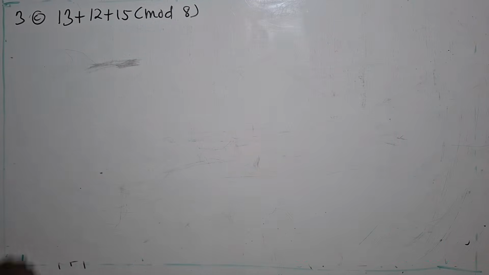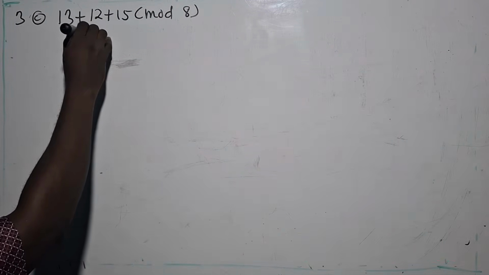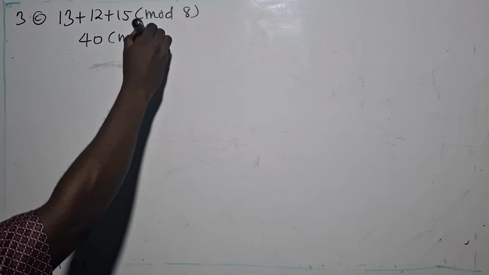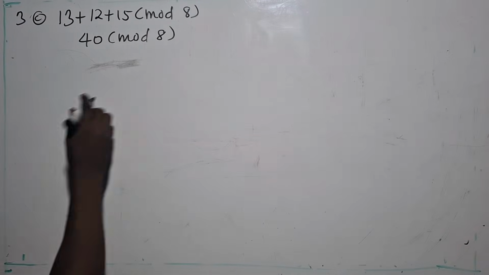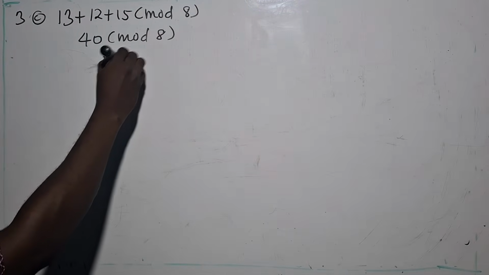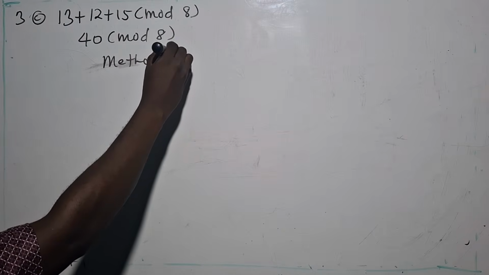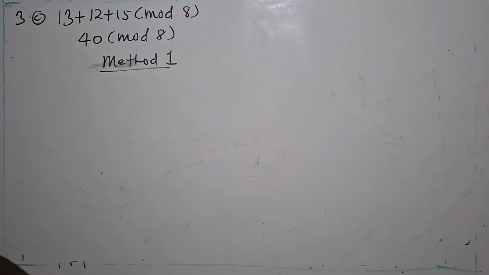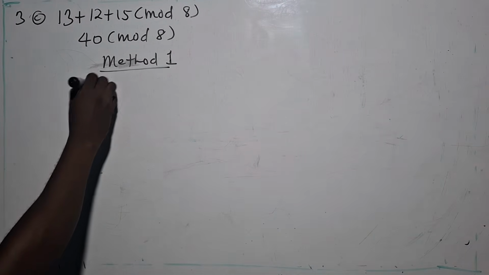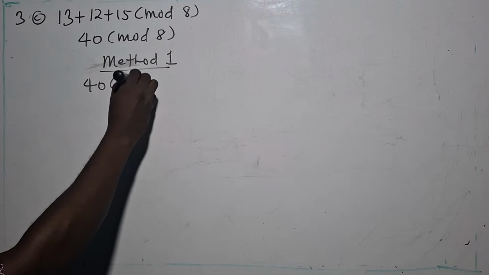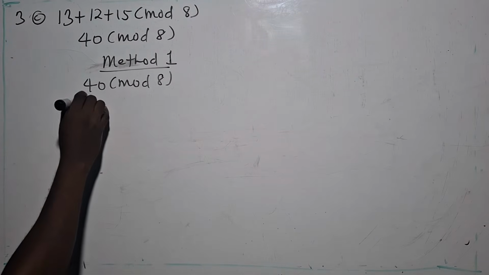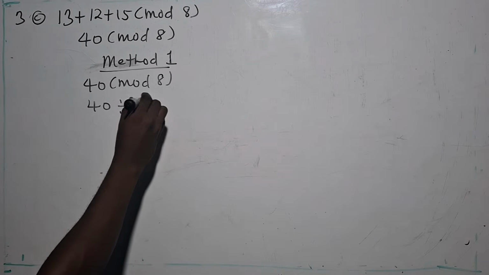13 plus 12 plus 15 is going to give us 40 mod 8. So after you have simplified, we use both methods to solve. So 40 mod 8. You divide here, 40 divided by 8.